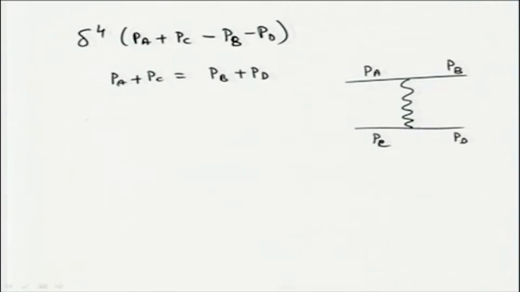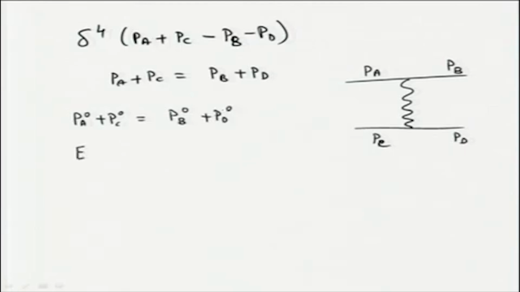So, if I write it in components, these are 4-momenta, I will get p_A^0 + p_C^0 is equal to p_B^0 + p_D^0.